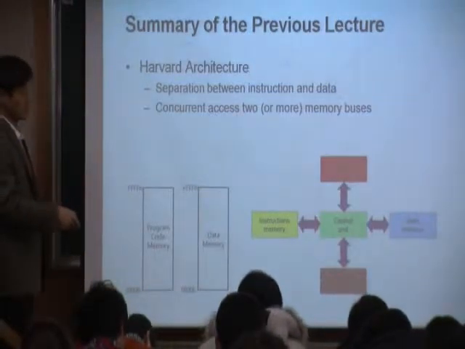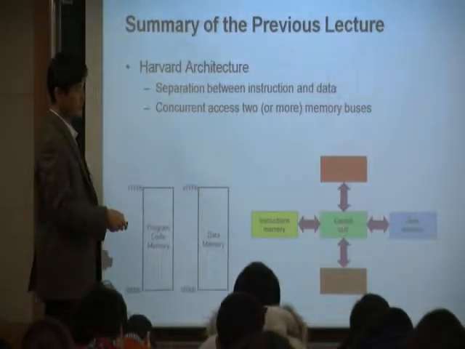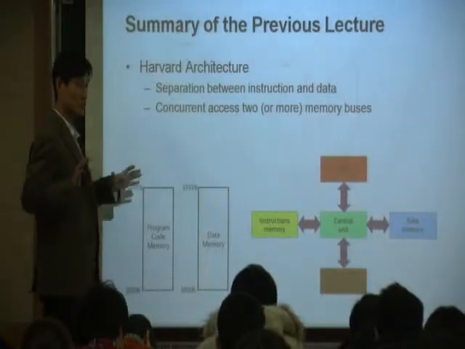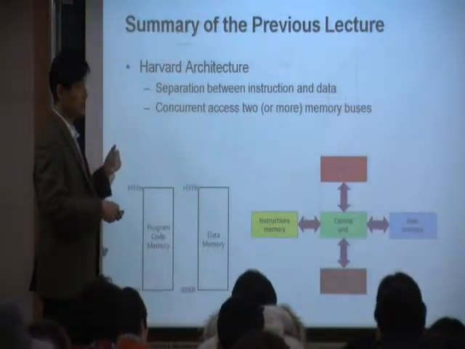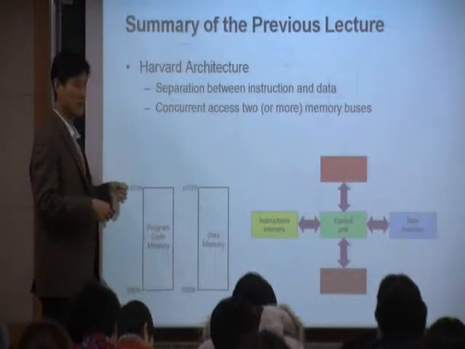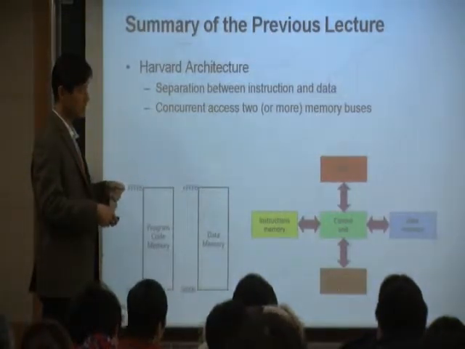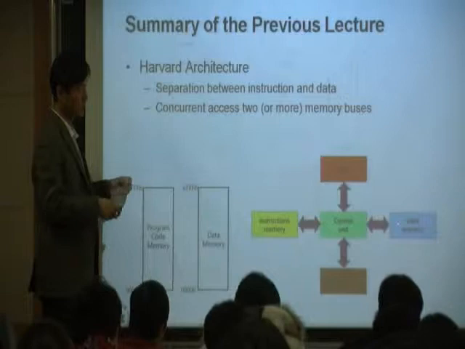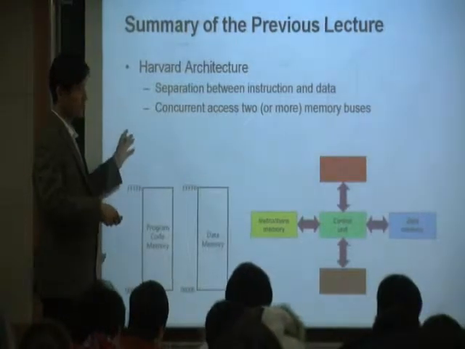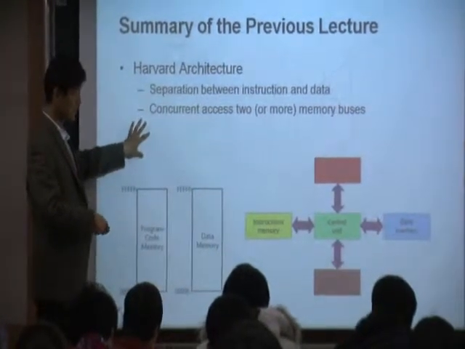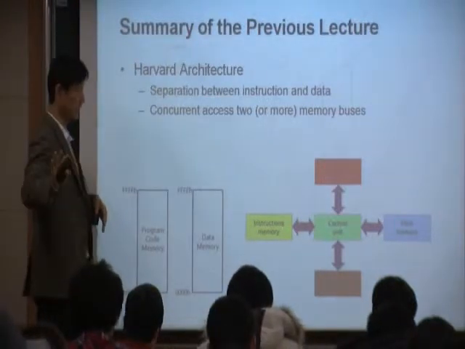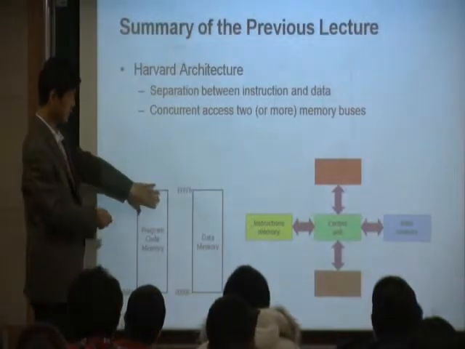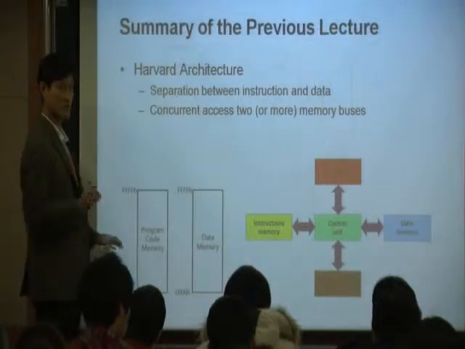So that way, it's like this control unit has two different hands, right? If you consider this one as a human, the ALU is almost the same as a brain, like a body, and we have two different hands. So with one hand, you touch some address of data memory, and with the other hand, you touch some other address of instruction memory, right?